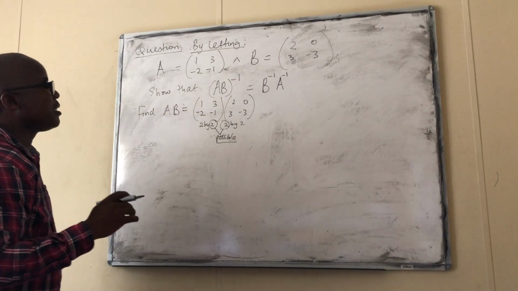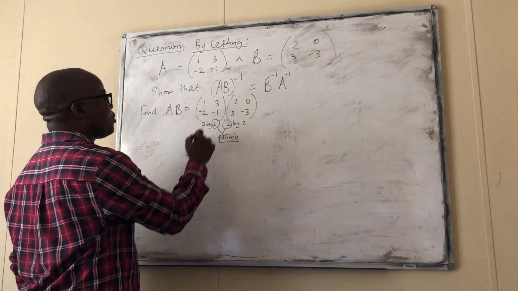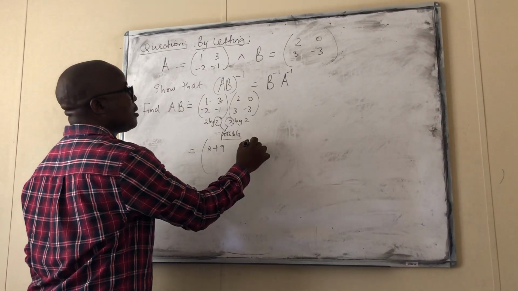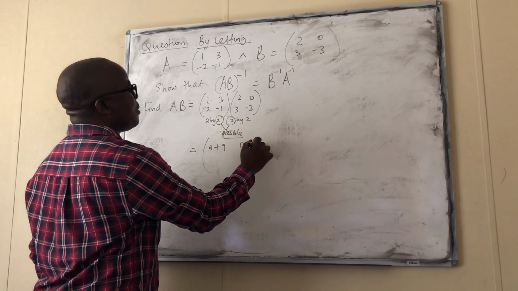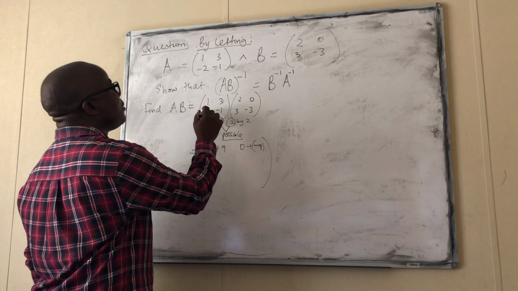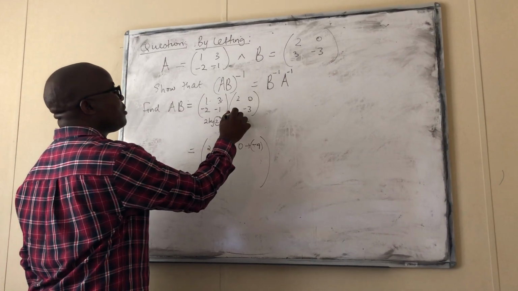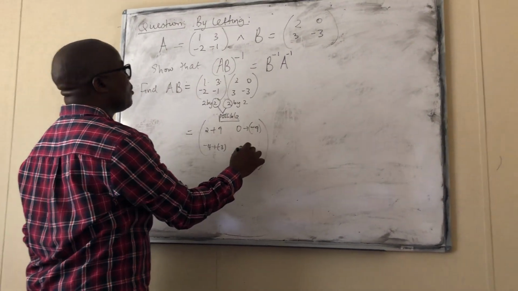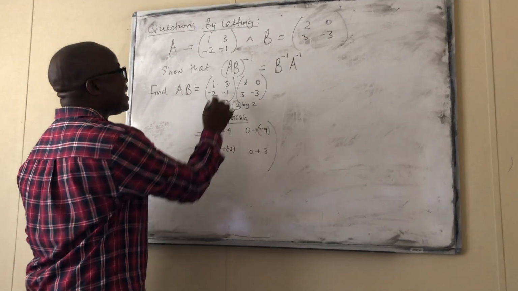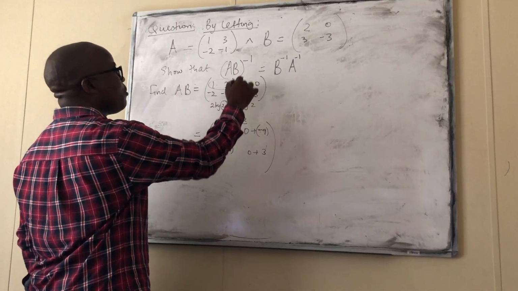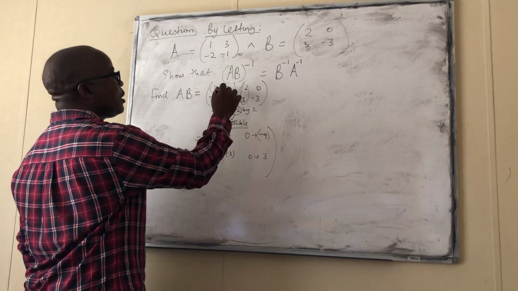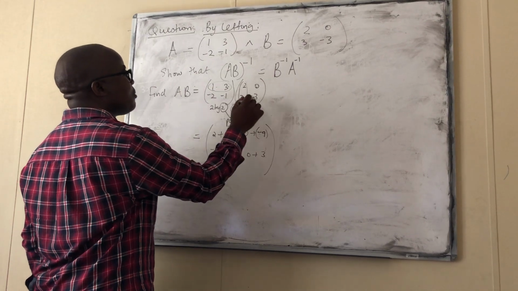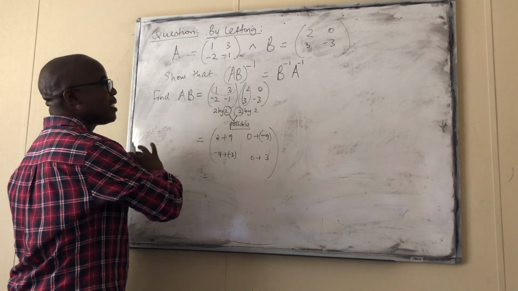Now, how do you multiply matrices? You multiply row by column. So you multiply row by column. 1 times 2, 2, 3 times 3 plus 9, 1 times 0, 0, 3 times minus 3 minus 9, and then you are done with the first row.